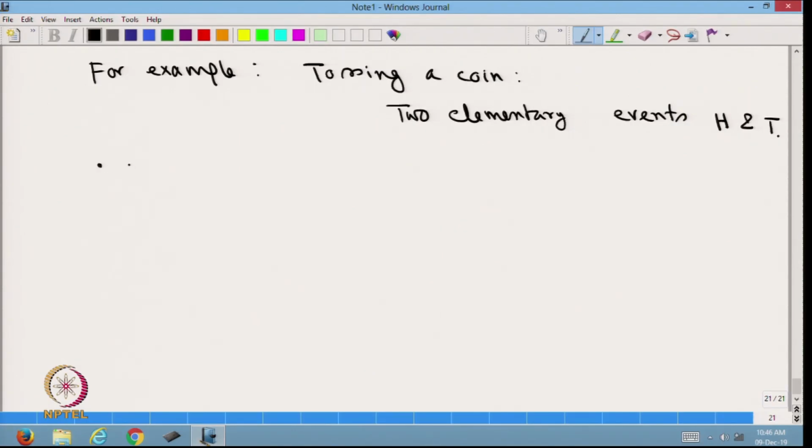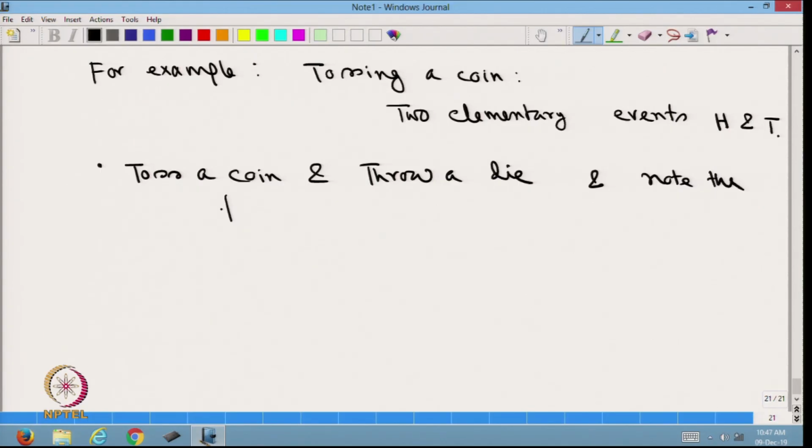Suppose my experiment is to toss a coin and throw a die and note the pair of observations.